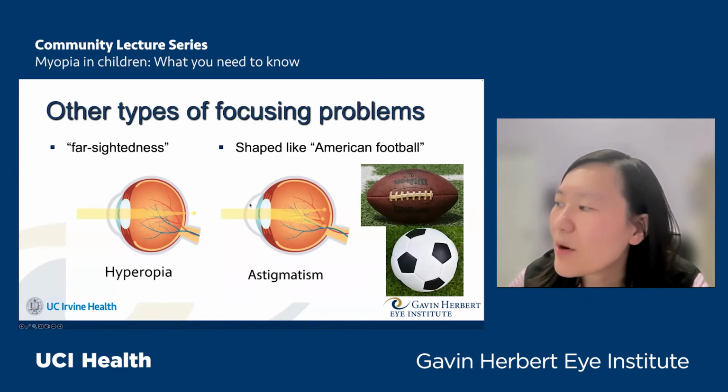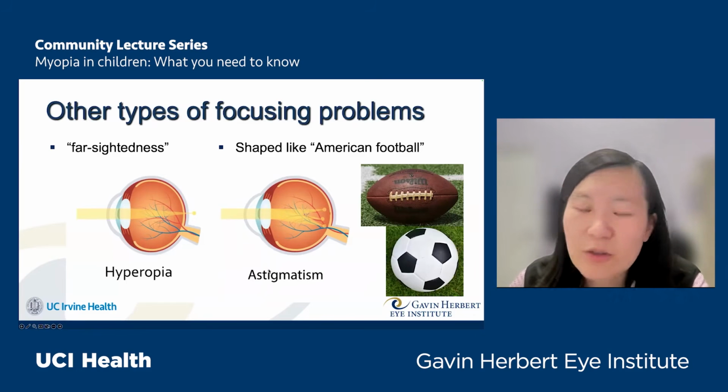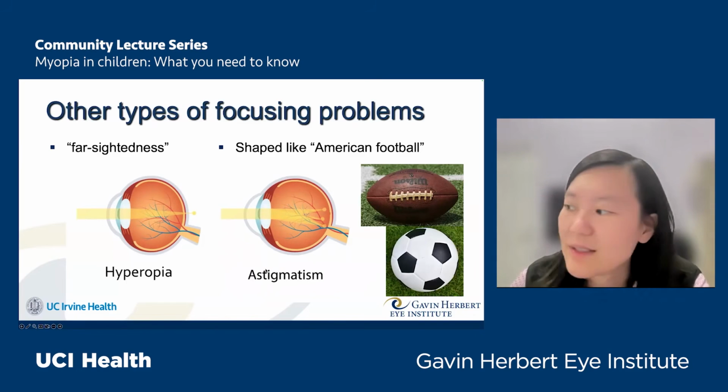A completely spherical cornea is like a soccer ball shape. If your cornea is shaped more like an American football, then when it bends the light, it doesn't get focused on one single point and it gets blurred. So if you hear these terms, those are all types of focusing issues.